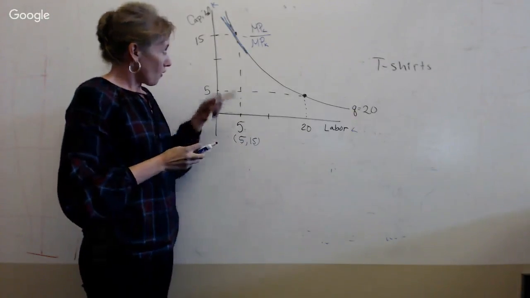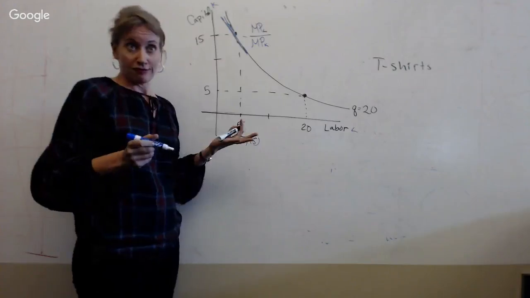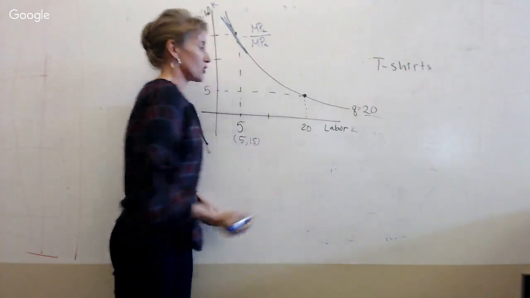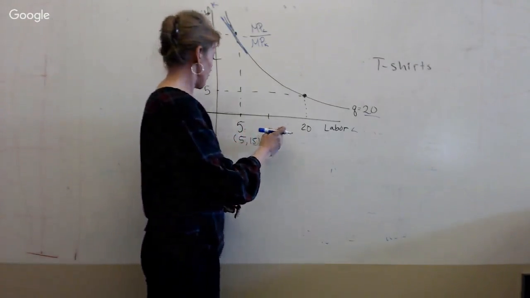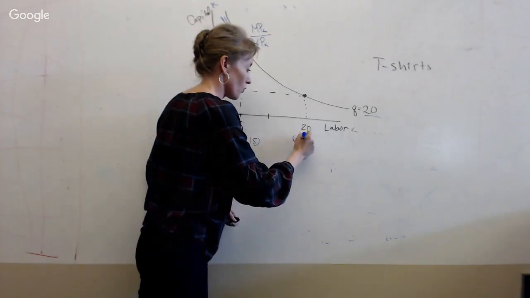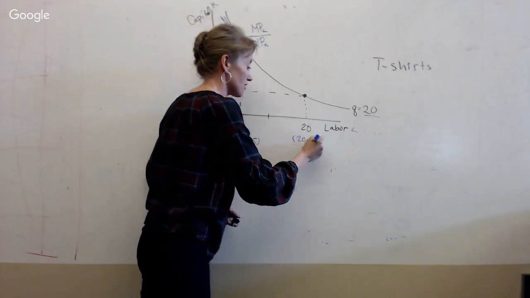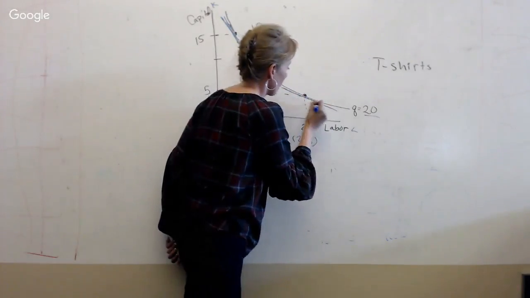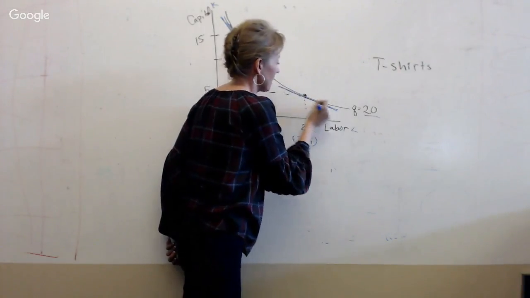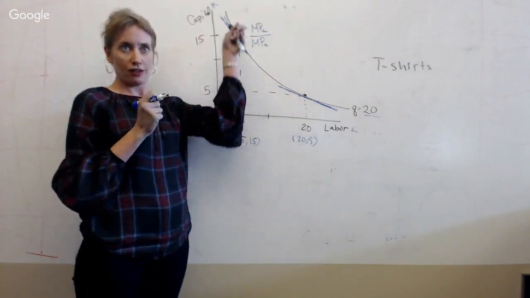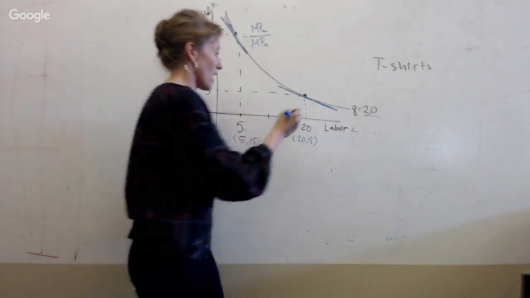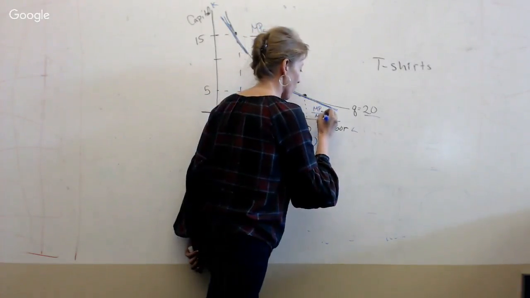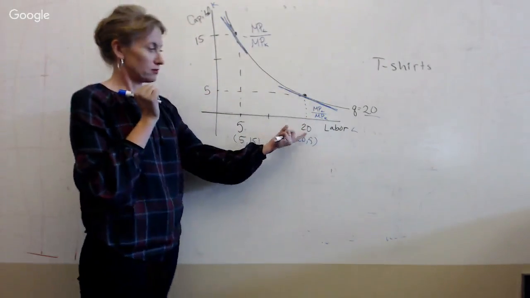Now, that's all very interesting, but we could also produce 20 t-shirts per hour if we use the combination of 20 units of labor and 5 machines, and we could take a look at this slope right here. And what we see is this slope is different than this one. So here we have marginal product of labor divided by the marginal product of capital at this point.